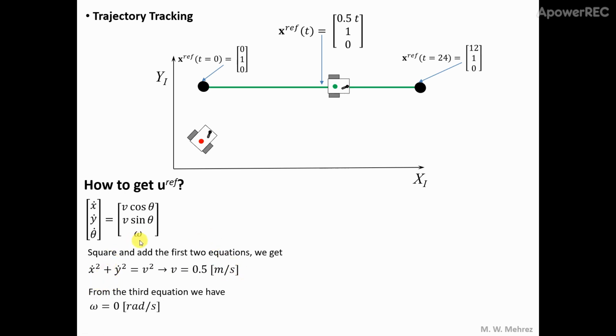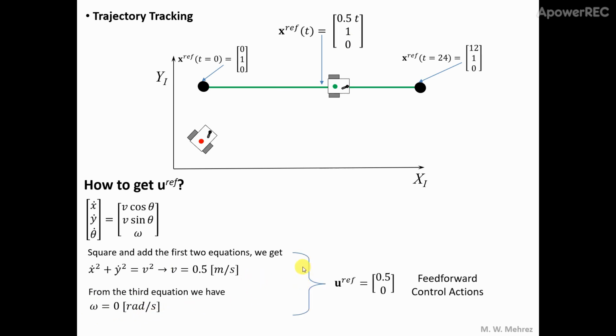Now, by looking at the third equation here, we simply have omega equals theta dot, or the derivative of the orientation. So going up to our reference xref, and then going to the reference for the orientation, which is 0, this means that its derivative is also 0, and this means that the reference for omega, or the angular speed, is 0 radians per second.